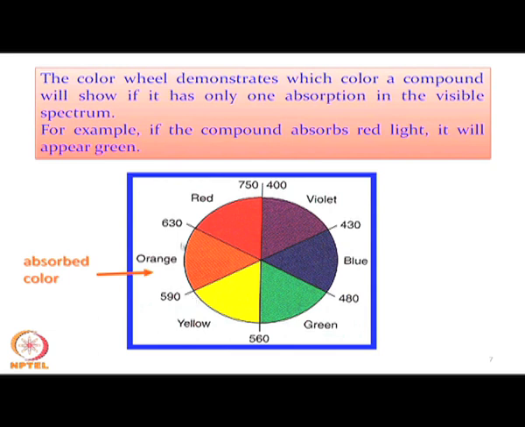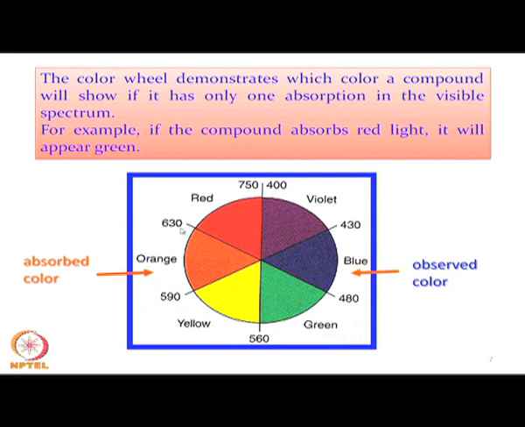That means, if a solution is giving the electronic spectrum in the range of 590 to 630 nanometer, we will get a different observed color, and the solution color would be blue. That means, if a certain copper compound is giving blue coloration, its absorption must be taking place in the range of 590 to 630.